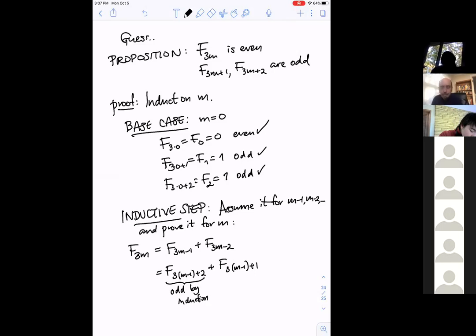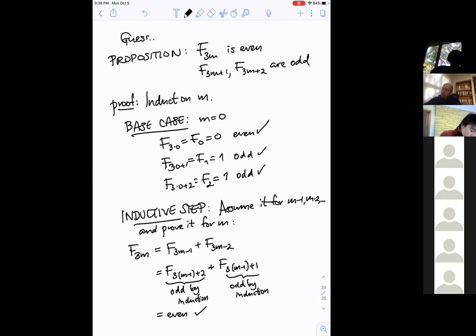This one is odd by induction. And so if we add an odd number to an odd number, we get an even number. Seem okay? Questions?